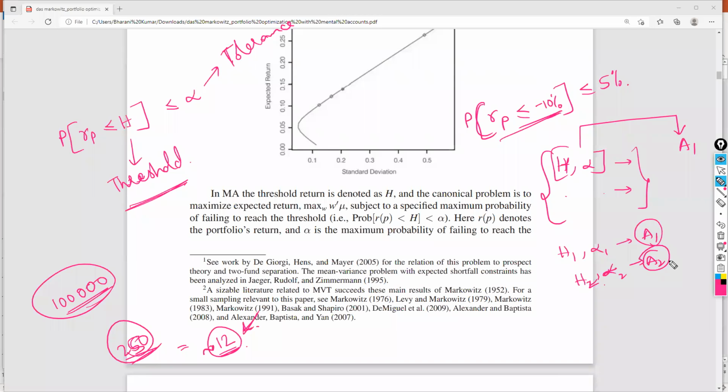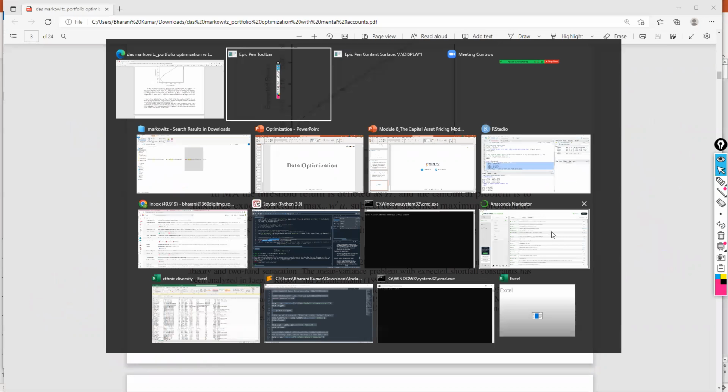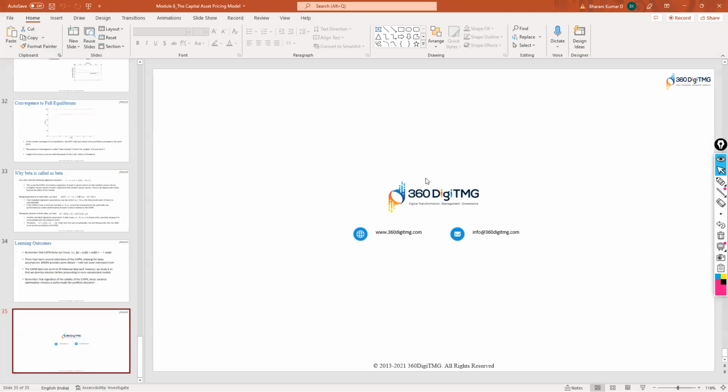And once they came up with A, it was a lot easier for them to plug the values into the equation and just solve it. And this efficient frontier thing which we have spoken about takes inputs which are expected returns, mu1, mu2 in that way, then variance values and covariance values of your different assets.